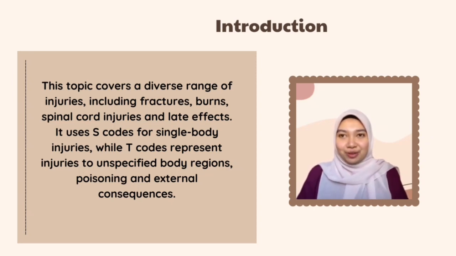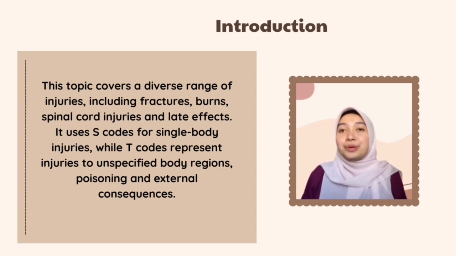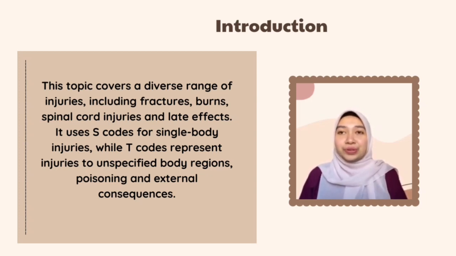Next, in this topic, the S codes are used for coding different types of injury related to single body regions. Meanwhile, T codes reflect injuries to unspecified body regions as well as poisoning and certain other consequences of external causes.